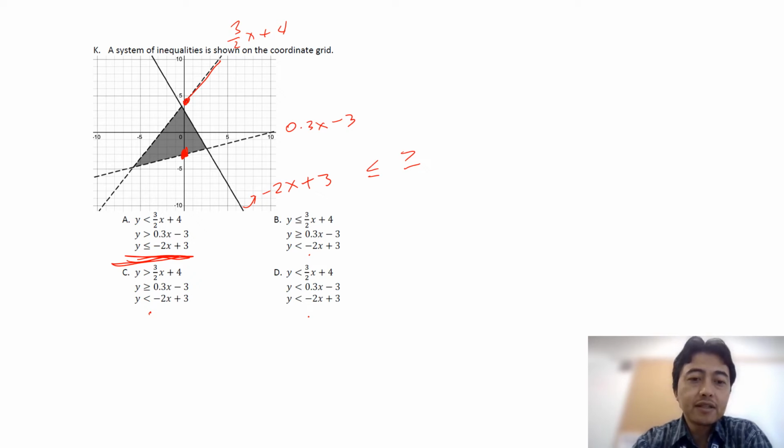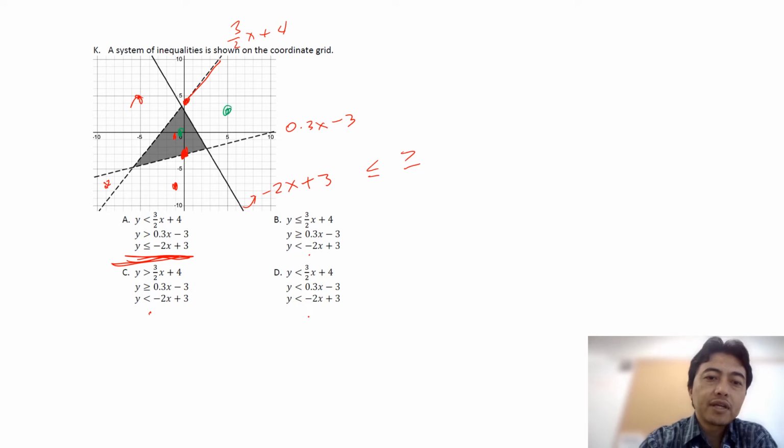Less than negative 2x plus 3 is the region, those regions, the ones I mark with a red dot. Now if I look at greater than 0.3x minus 3, it's over here, anything above it, so that's the one I mark with green.